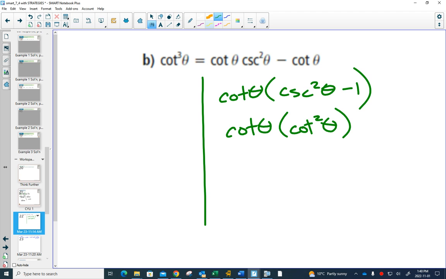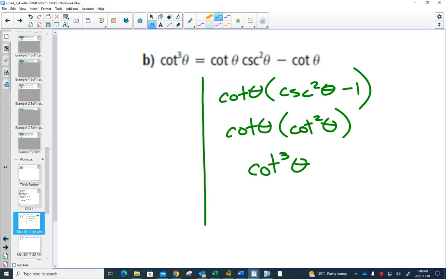And then cotangent times cotangent squared theta, cotangent cubed theta. Perfect. This is a great example of using the one mental math strategy rule, because I can get this to look like this from my formula with one move.